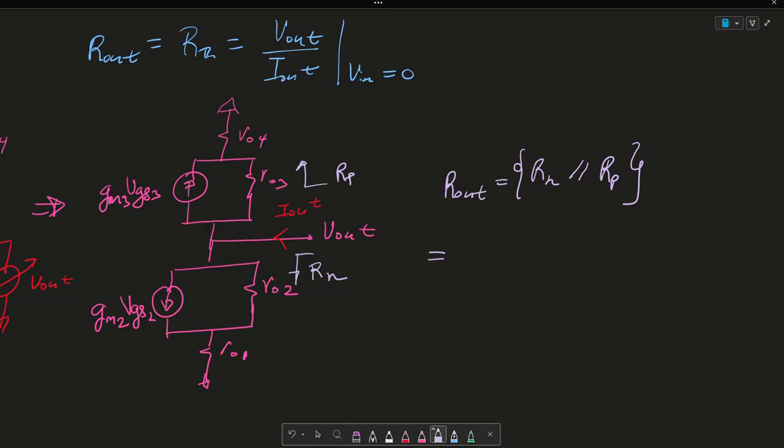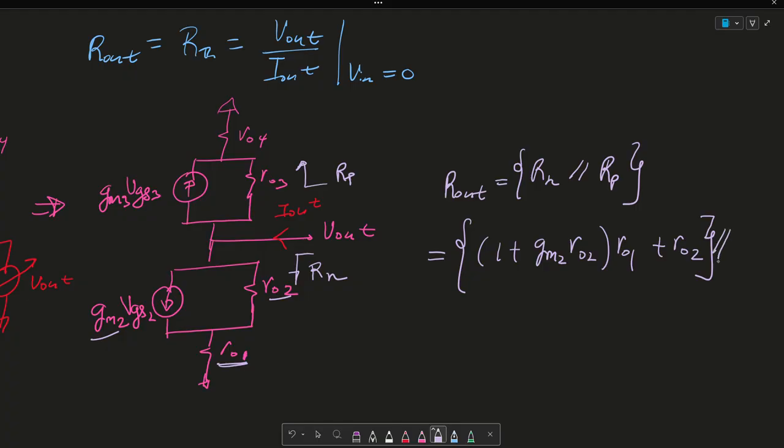And what we can say is that RN, based on my common source with source degeneration equation, is going to be 1 plus GM2 RO2, multiplied by the source degenerated resistance, RO1, plus RO2.